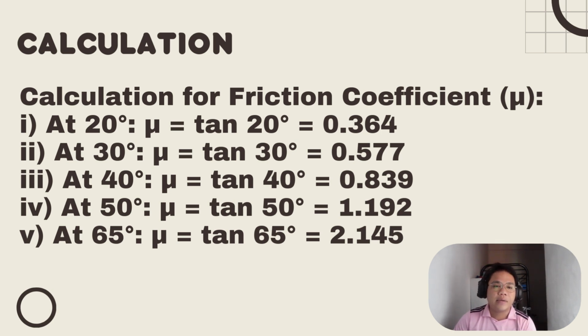We find at 20 degrees, tan 20 is 0.364, and then at 30 degrees, tan 30 is 0.577, and then at 40 degrees, tan 40 is 0.839, and at 50 degrees, tan 50 is 1.192, and last is tan 65 degrees, which is 1.154.